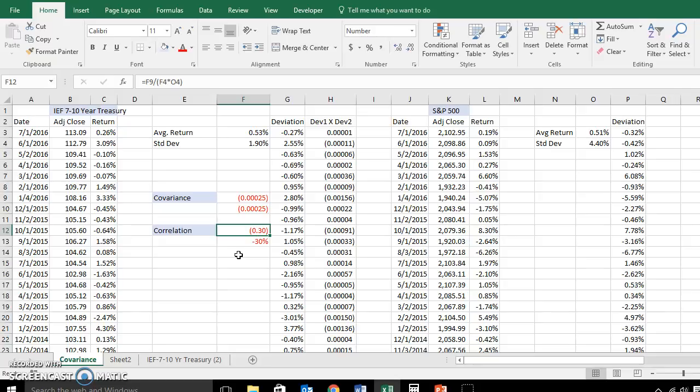If one goes up 100%, the other will go down 30%. And if you see the values over here, just to verify, you got 0.26% positive return for this particular value, but here you're getting negative 0.32, right? Here you got positive 3.09%, and here you got negative 4.2. So you can see if one is positive, the other is negative. So why is it good? Because if you are having these two asset classes in your portfolio, for example, let's say you may be lucky and you may be switching in and out of an asset class at the right point of time.